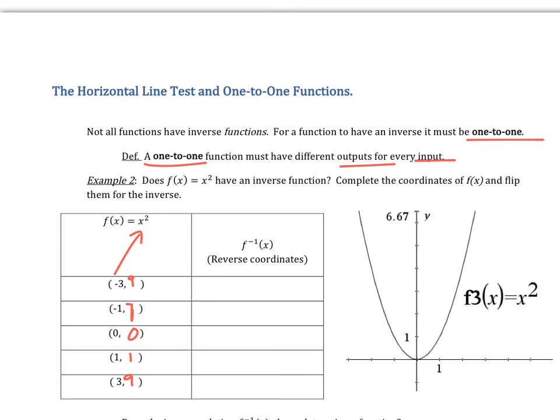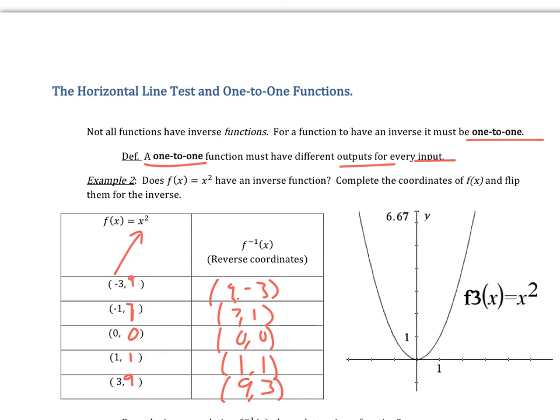Now, inverses flip the coordinates. So we get 9, negative 3. We get 1, 1. 0, 0. And flipping the 1 and 1, you can't see anything happen. Flipping the 9 and 3, we get that, okay?